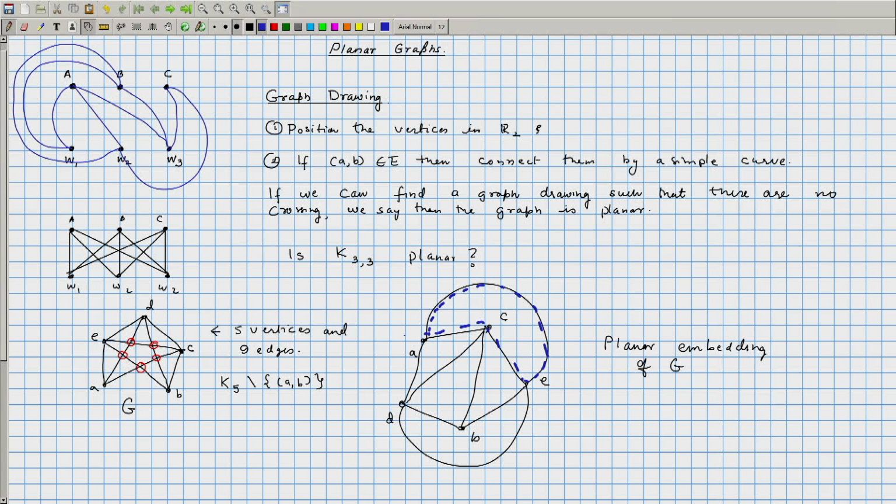We will give a name to those regions: they will be called a face. Here in this diagram, this is one face, the green colored region is another face, pink is another face, and this is yet another face.